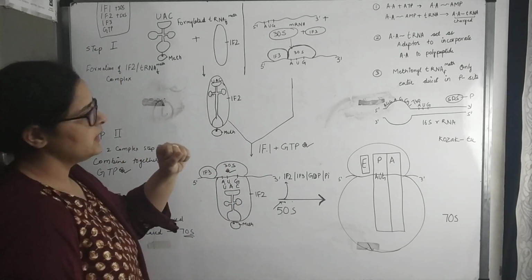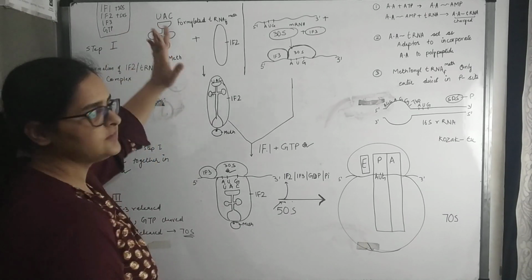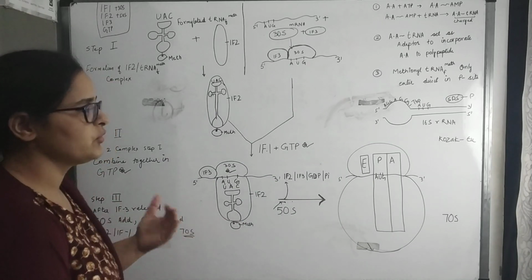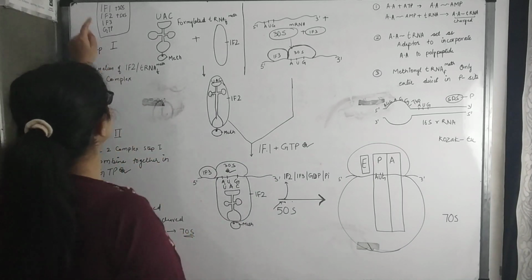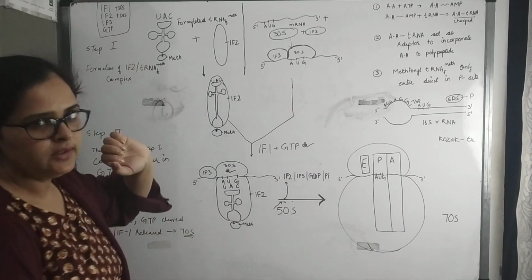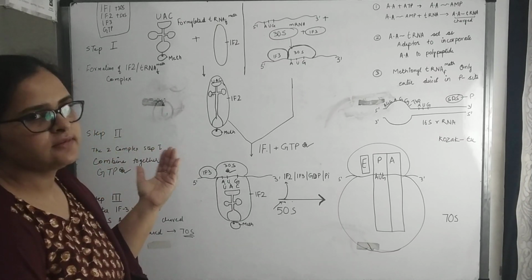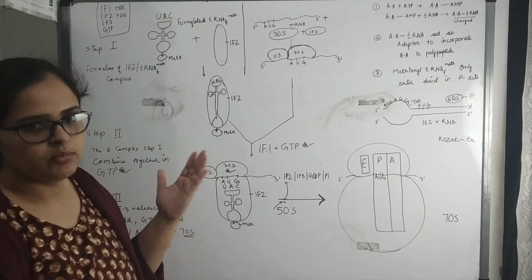Before going into detail, we will see the different initiation factors which are involved in the processing of prokaryotic translation. Number one is initiation factor 1, initiation factor 2, initiation factor 3, GTP, 30S and 50S, which are the ribosomal units.